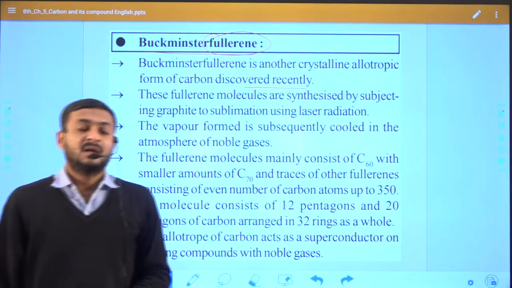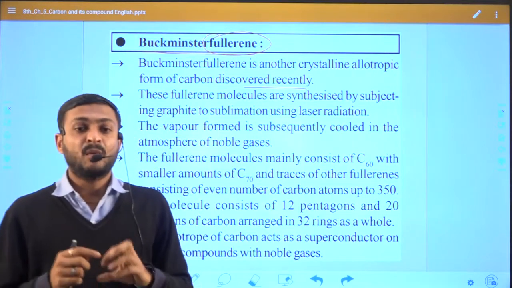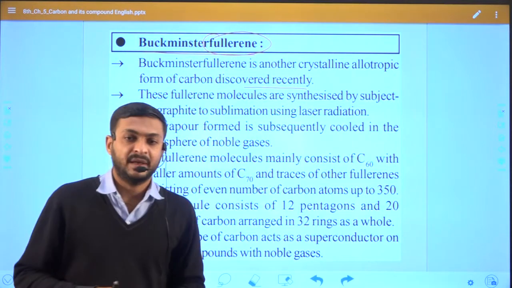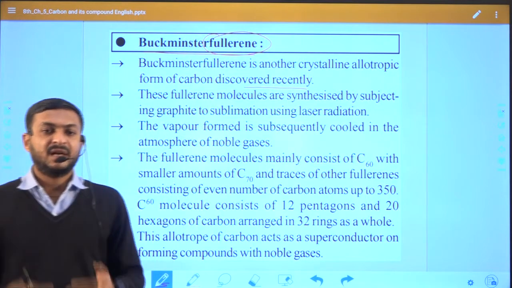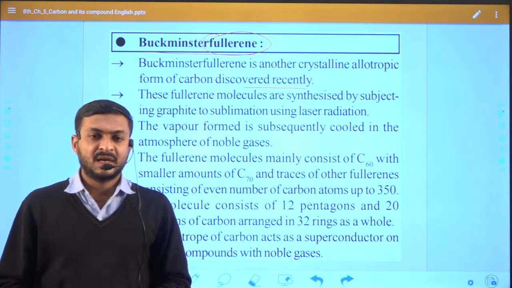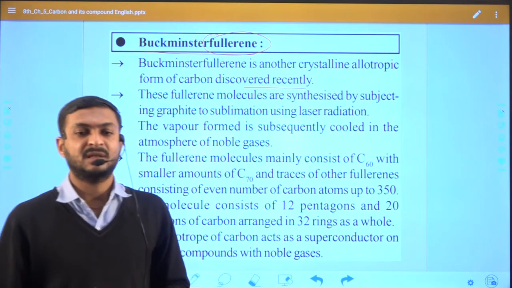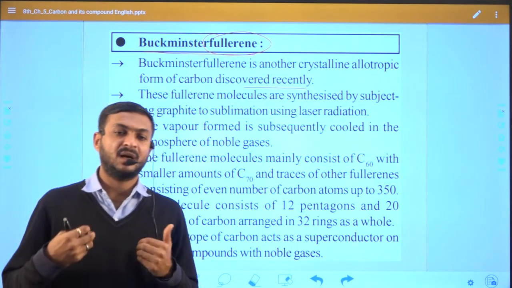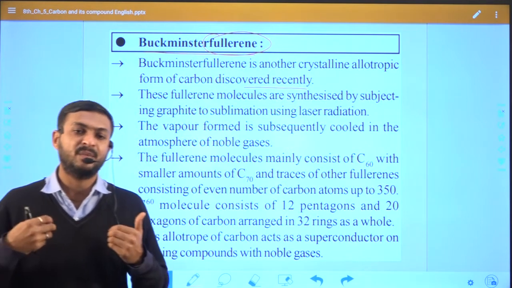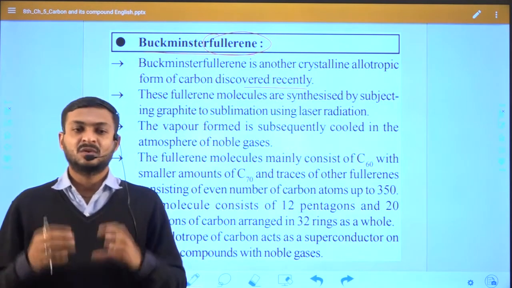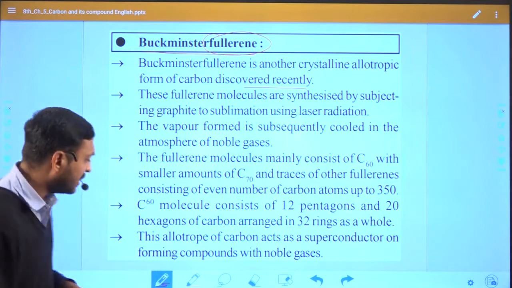After that, fullerene molecules are synthesized by subjecting graphite to sublimation using laser radiation. Again, the vapor is subsequently cooled in an atmosphere of noble gas. So how will fullerene be prepared or synthesized?